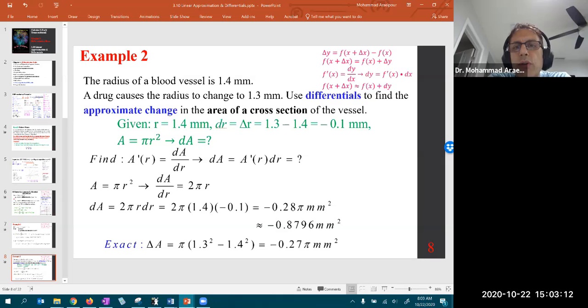In this example, we use the differentials to find the approximate change, which means we were looking for dA. A is the area of a circle in this example, pi r squared. Delta A was the exact change. You would have to calculate the area for the radius of 1.3, for the radius of 1.4, their difference would be the answer.